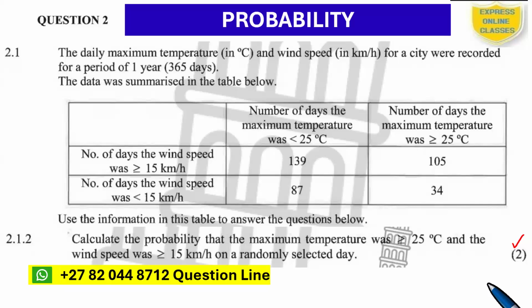Yes, please. I said 105 over 360, which is 0.29, which gives me 29.17%. Well done.